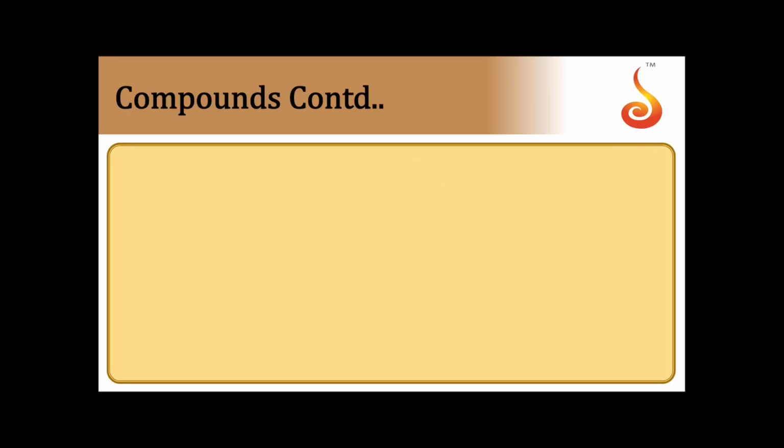Suppose we take 2 silicate units like this: one silicate unit, and one more unit in this way. If 2 silicate units share only one oxygen atom, they are called pyrosilicates.